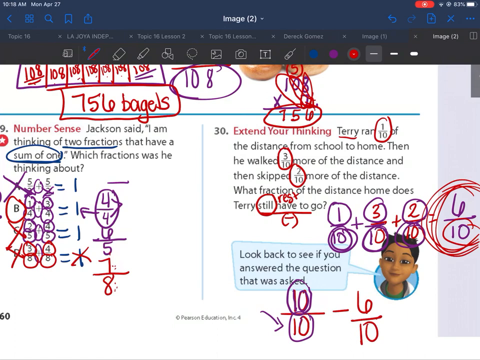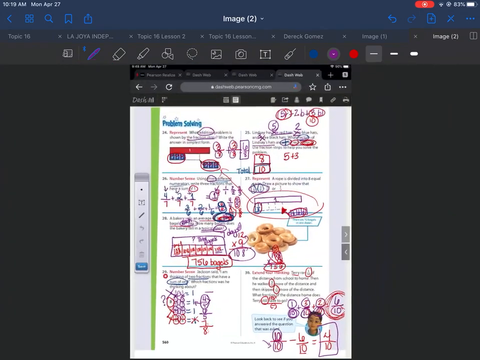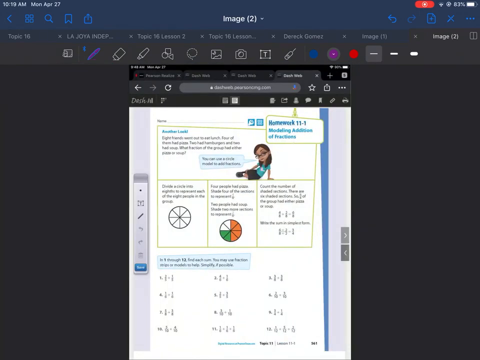Minus 6/10, because the 6/10 represents how much she walked, ran, and skipped. So how much more does she still need to finish to get to her total, which was the 10 parts? The denominator will stay the same. 10 minus 6 means 4. So the fraction that she still needs to get home will be 4/10.